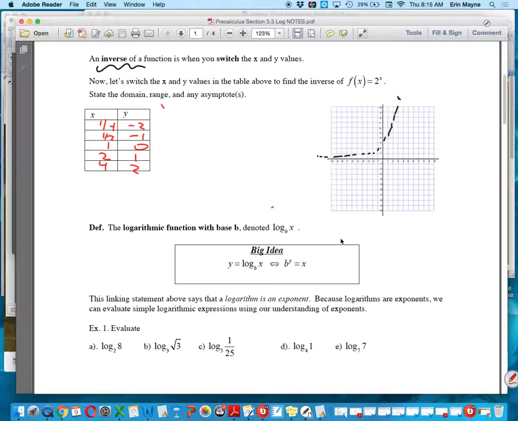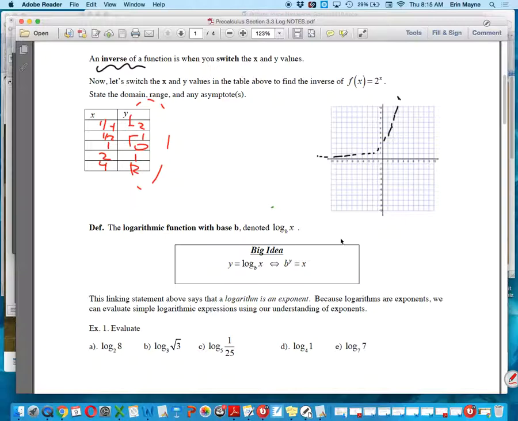First of all, notice, what were these in the previous table? They were my x values that went in for the, in the previous equation, where did I put those x values? Well, where was the x? In the exponent.